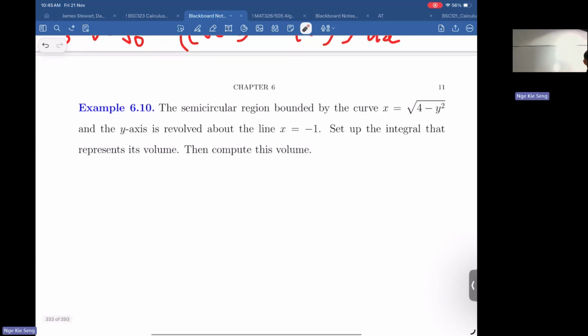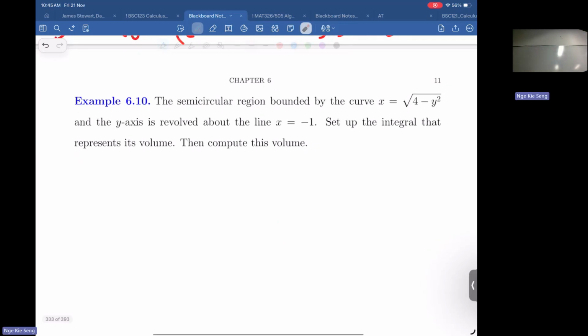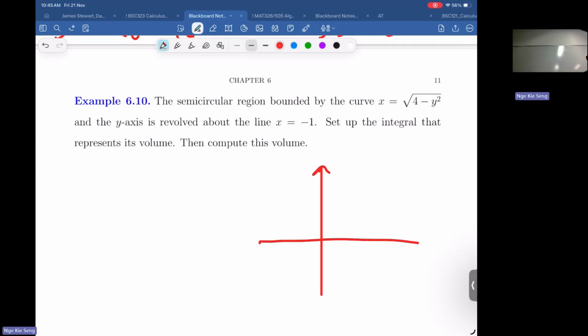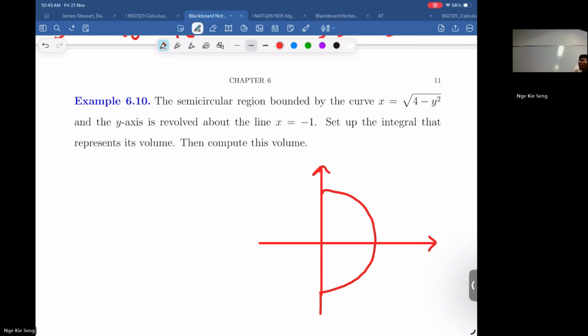Okay, so let's see whether our shape is correct. It is a semicircular region divided by the curve x equals square root of 4 minus y squared. So where is this semicircle? In the first quadrant and the fourth quadrant here. Because x is equal to a square root of something, it must be positive, so it's everything on the positive side of the axis.